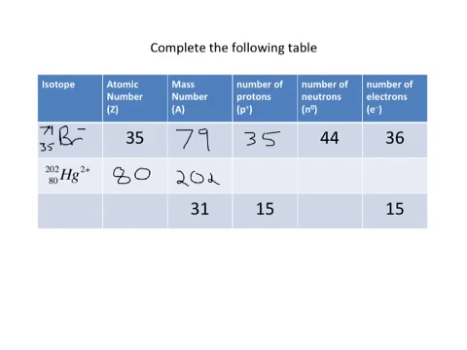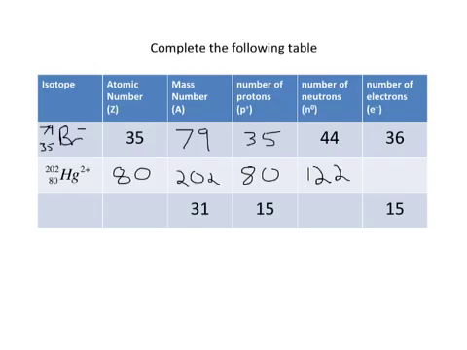We know that the atomic number and the number of protons is always the same. So if the atomic number is 80, the number of protons is 80. The number of neutrons, remember that the mass number is the number of protons plus the number of neutrons. So if I just subtract 80 from 202, I get 122, which is the number of neutrons.